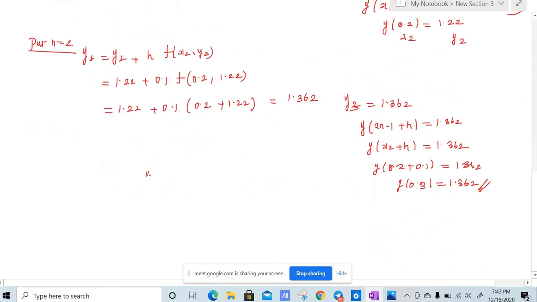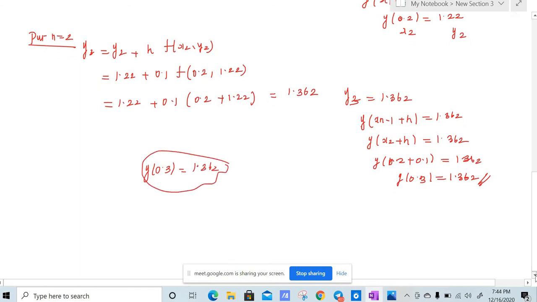So very easy problem. You just have to use a recursive formula. So 1.362, right? So we'll do one more problem. The second problem is dy by dx equals 3x square plus 1, y of 1 is equal to 2.